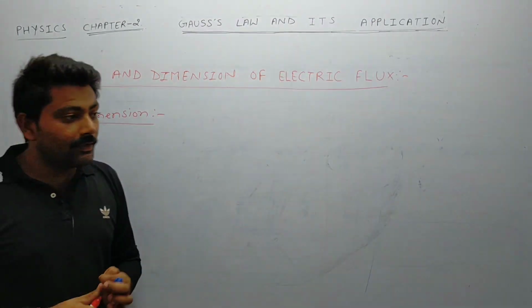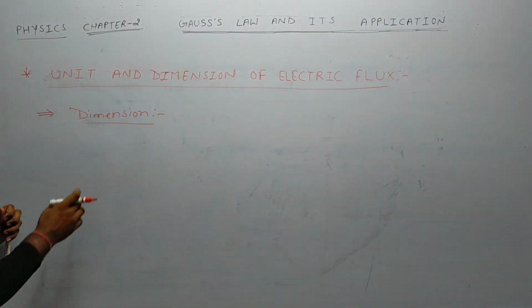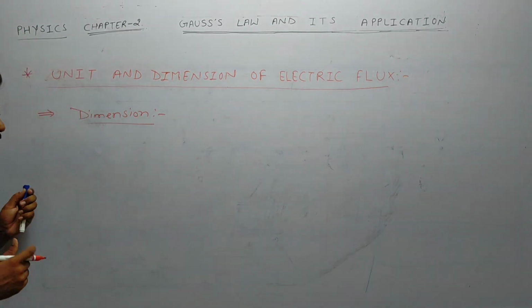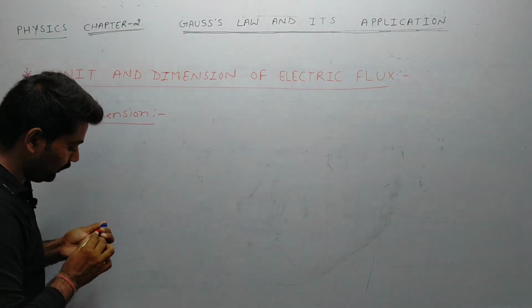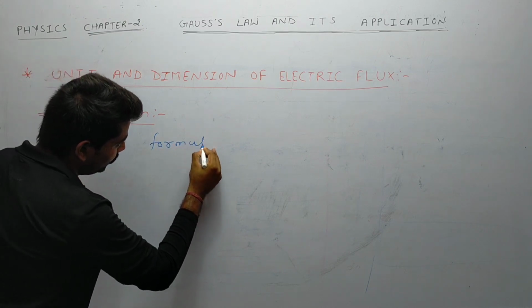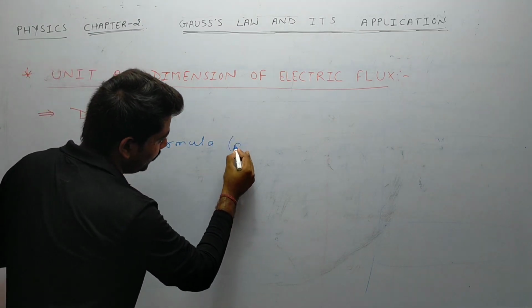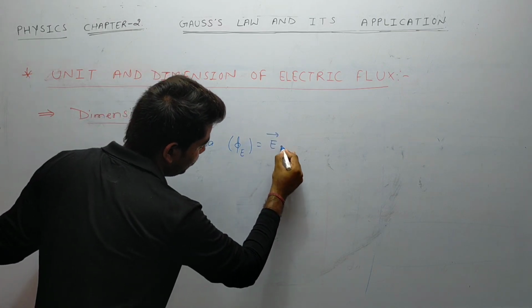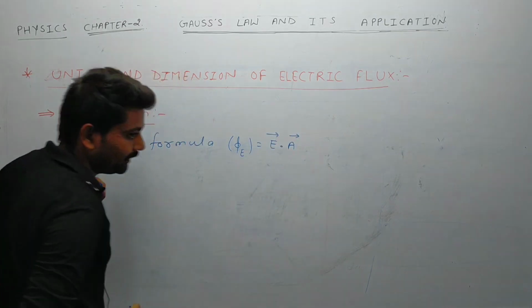Okay, dear students, now we will talk about the dimension of electric flux. What is the dimension of electric flux? First of all, the formula of electric flux is phi E is equal to E vector dot A vector.